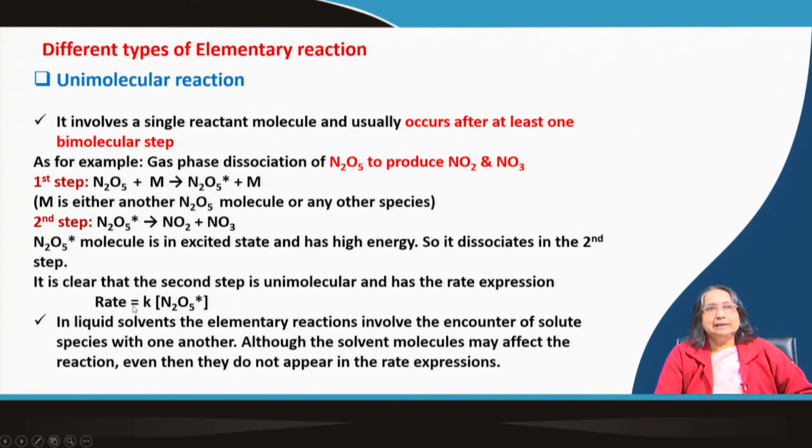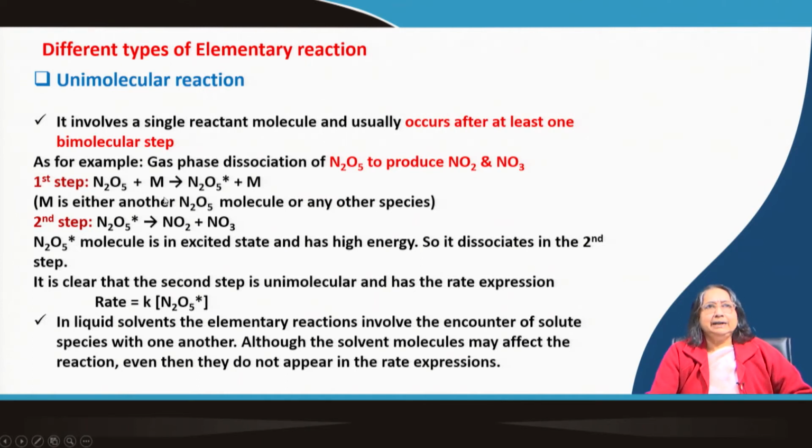The rate is the rate constant times the concentration of N2O5. So, the second step is unimolecular and has a rate expression like this. If you consider the unimolecular step, the rate expression is K times the concentration of N2O5.